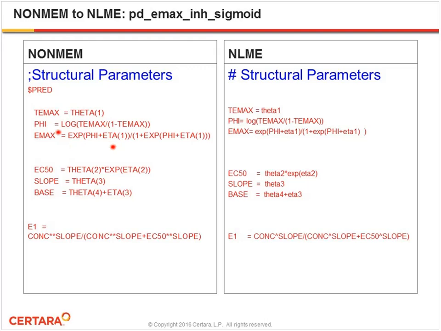So you first logit it, your Emax, and then you put that into another inverse logit statement where you add some between-subject variability, like eta1 in this case. And then we've got the other structural parameters, EC50. This comes with a typical form where you have a fixed effect, θ2, multiplied by the random effect in exponentiated form, eta2.